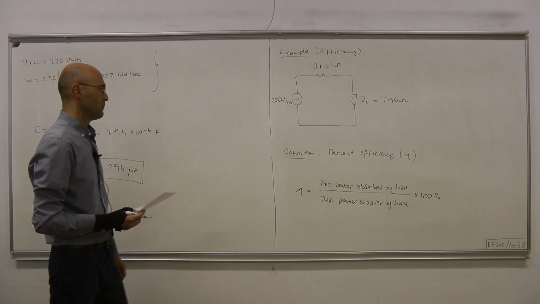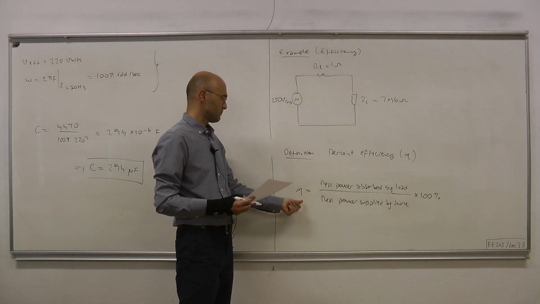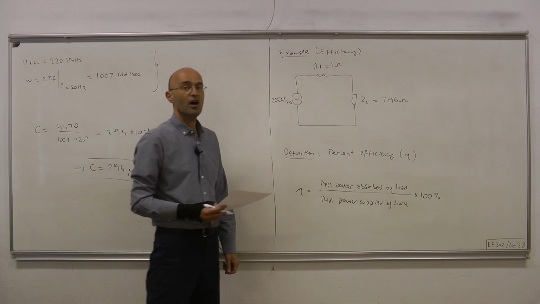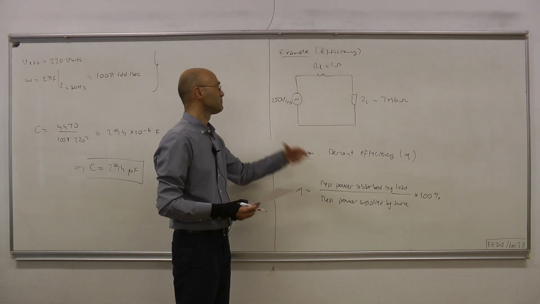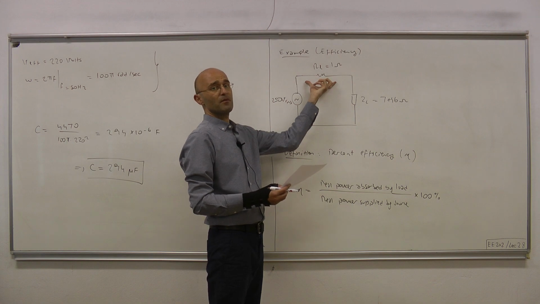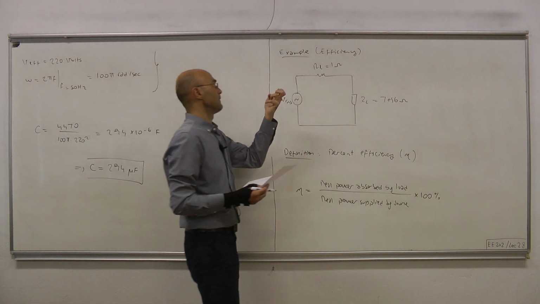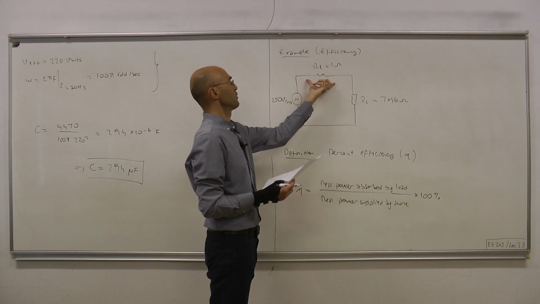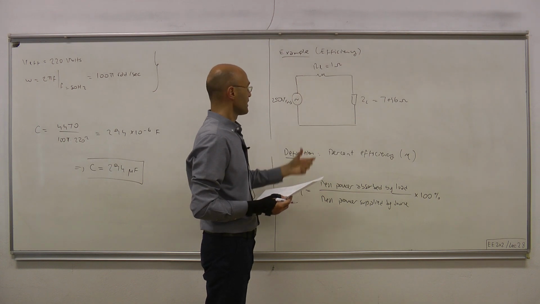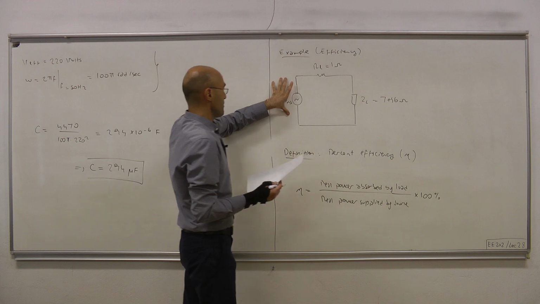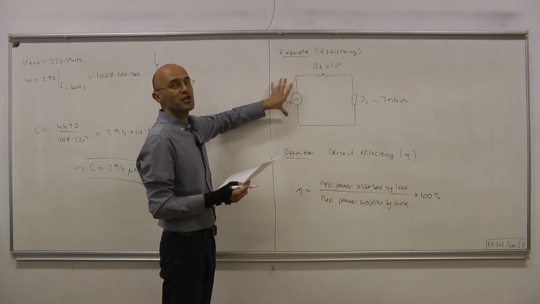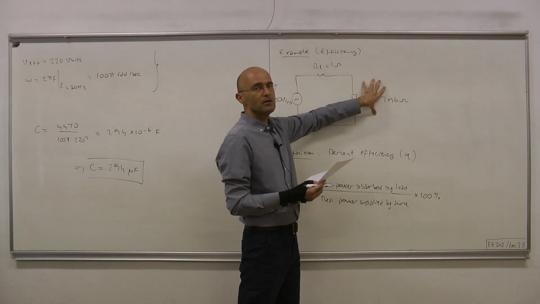So that's the efficiency definition. Now, ideally, we would expect this to be 100, but due to the loss, which is not always negligible, not all power generated here reaches the load.